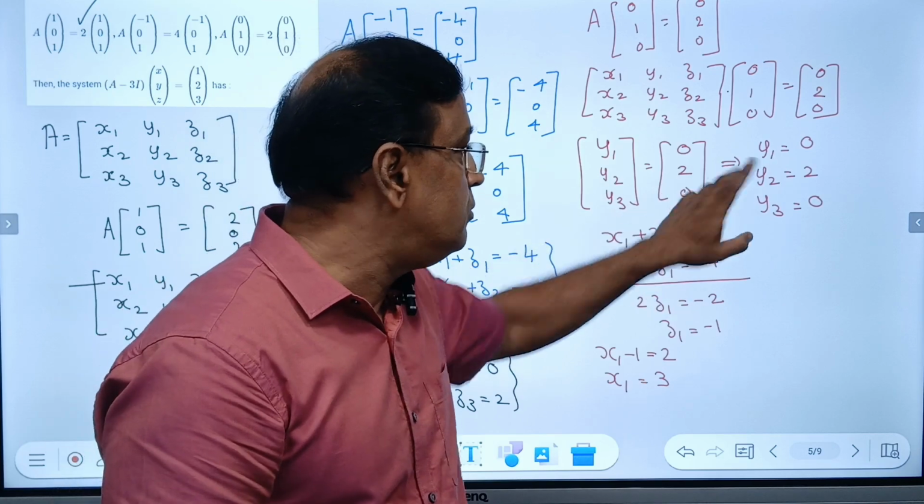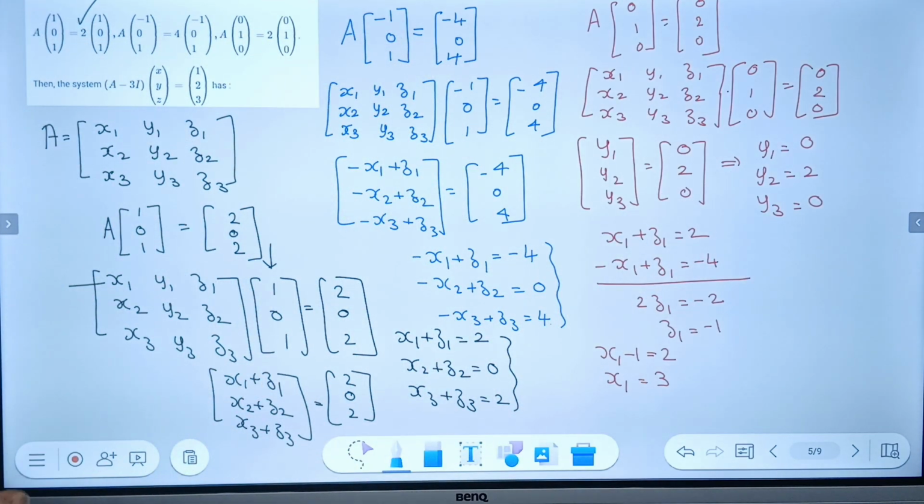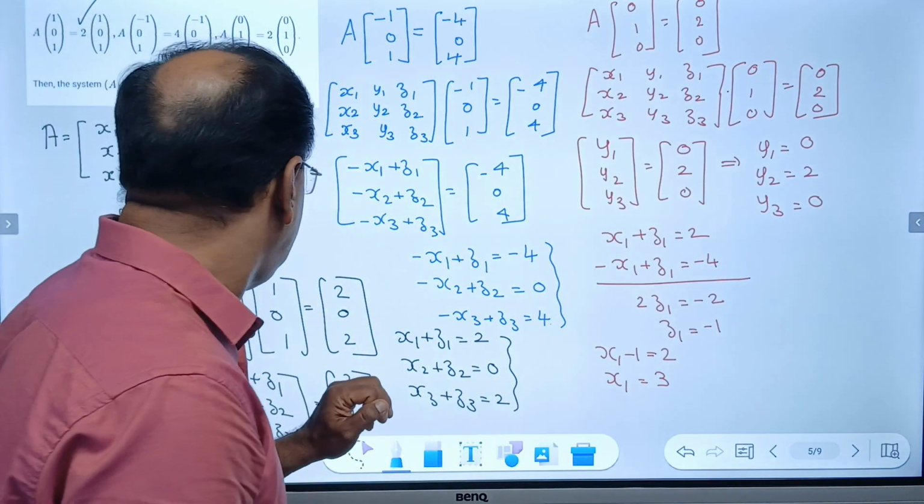So I got the value of x1, y1, and z1, and I have y2. Now how do I find y3 and z3?